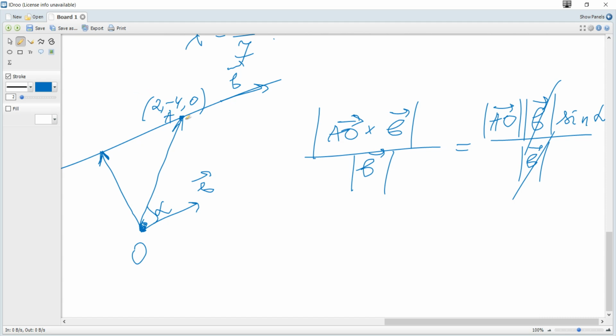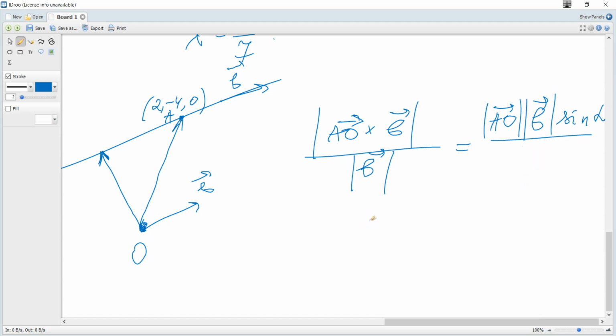In general, it may be considered AO, it doesn't matter, and in general it may be the distance from some point, not from the origin. So for example, if it's from point B, the shortest distance to the line, you can see BA or AB and then the perpendicular projection.